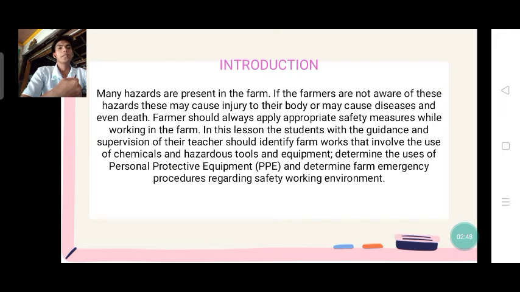So, in this introduction, many hazards are present in the farm. If the farmers are not aware of these hazards, this may cause injury to their body or may cause disease and even death.